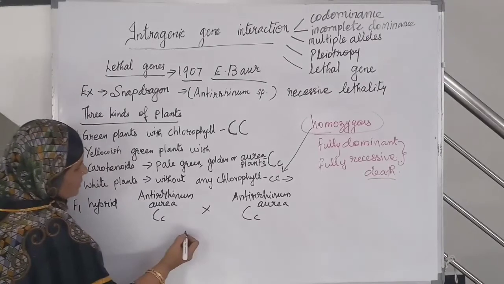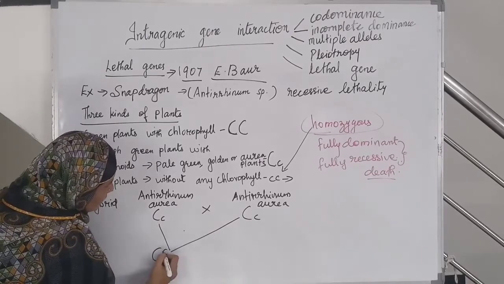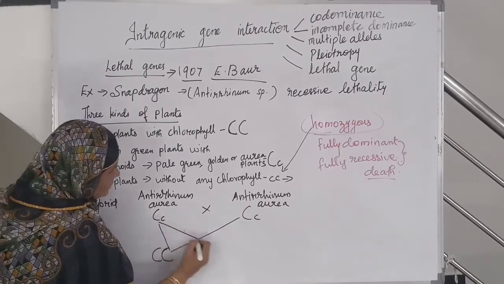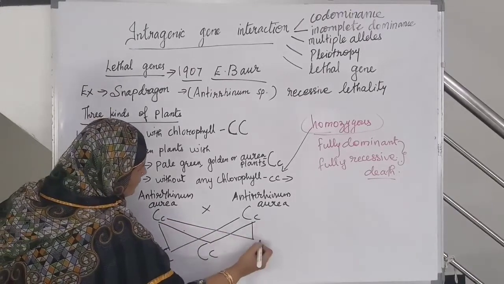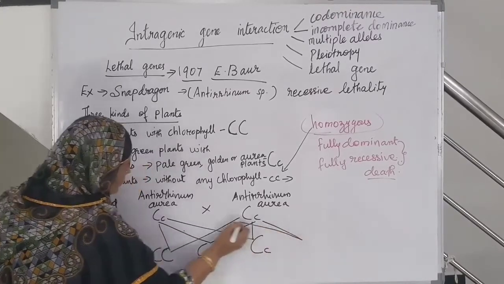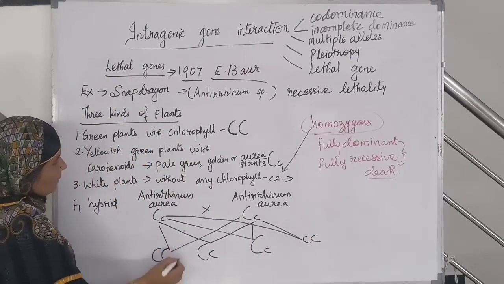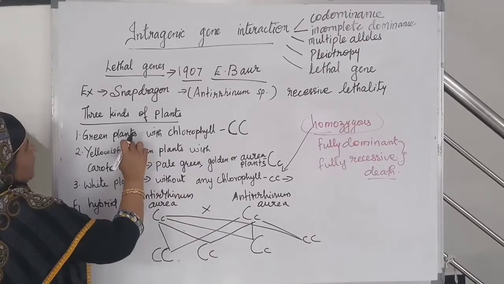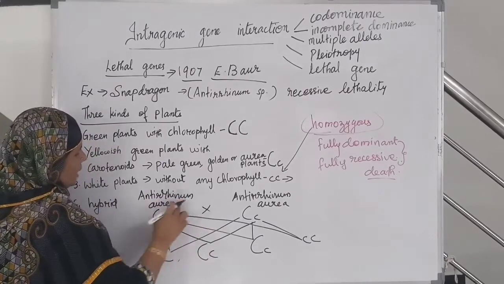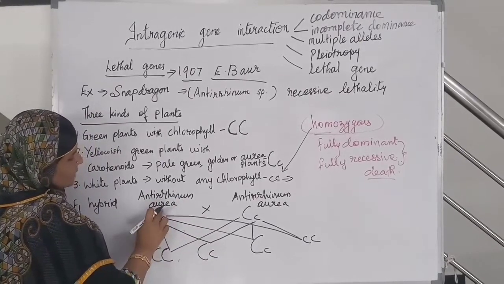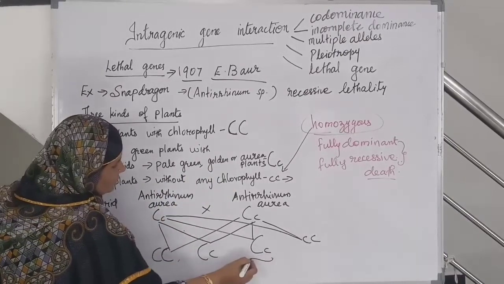When they were crossed, the next generation is capital C, capital C, capital C, small c, capital C, small c, small c, small c. This capital C is the genotype for the plants with chlorophyll. This capital C, small c is the Antirrhinum Aria character, that is pale green or golden color.